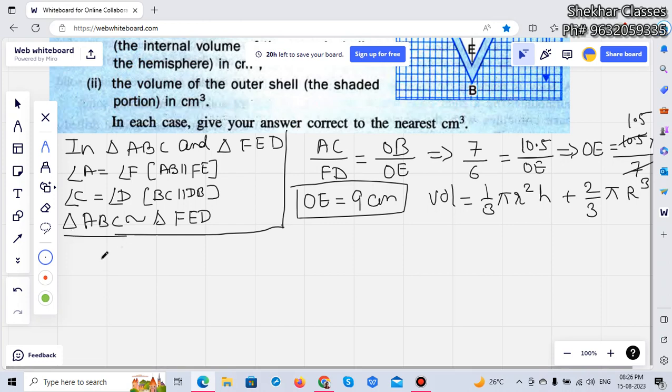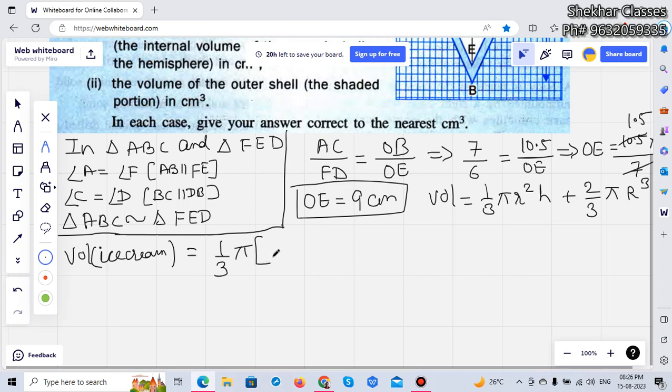I'll write the volume here. Volume of ice cream is equal to, I can take 1 upon 3 common and pi common in it.